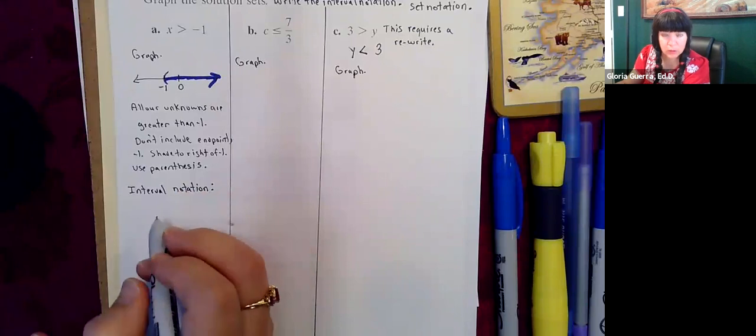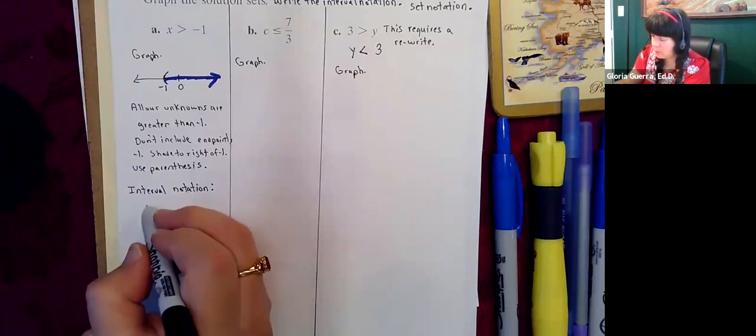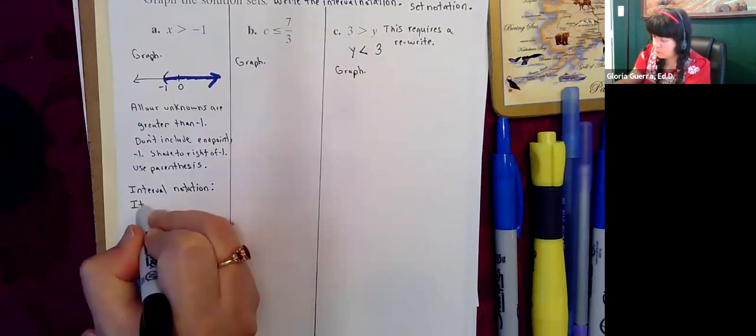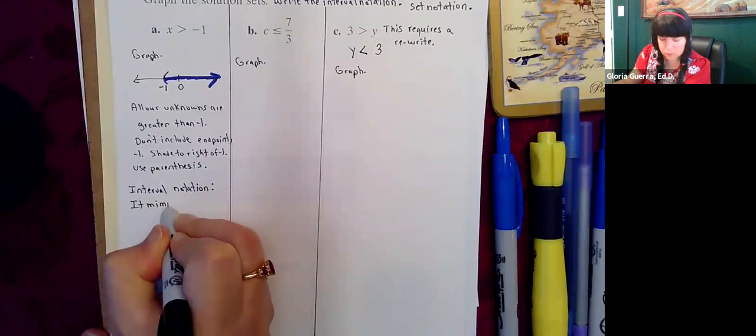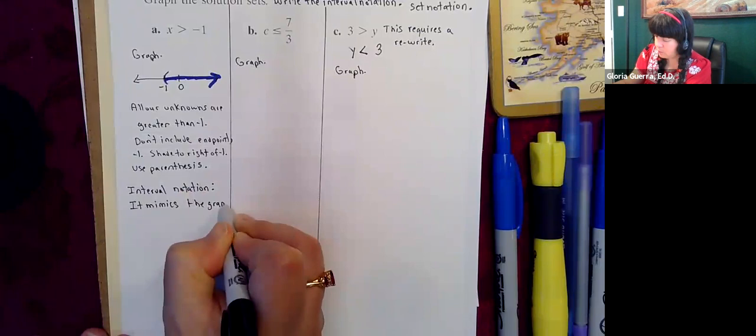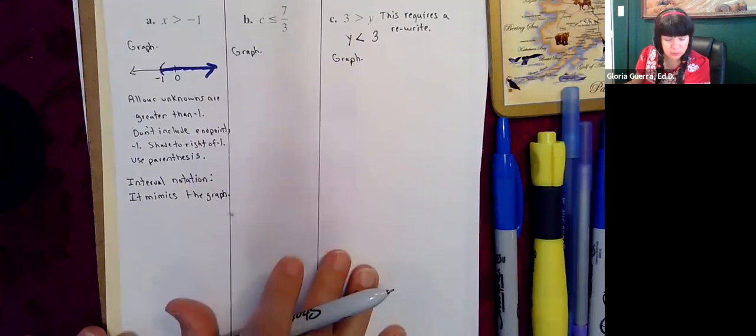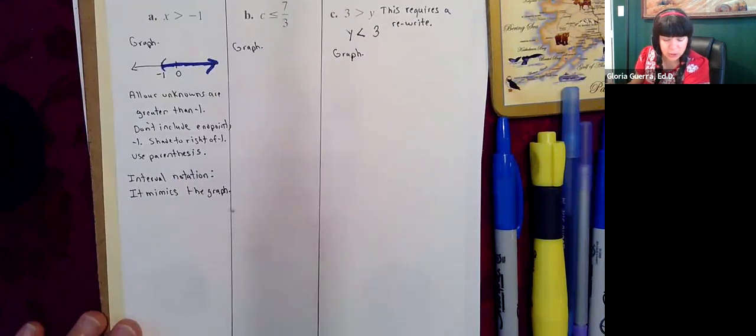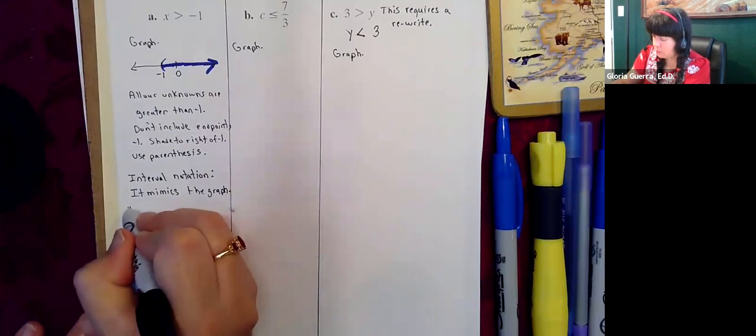Well, the interval notation mimics the graph. It's a snapshot of the graph.